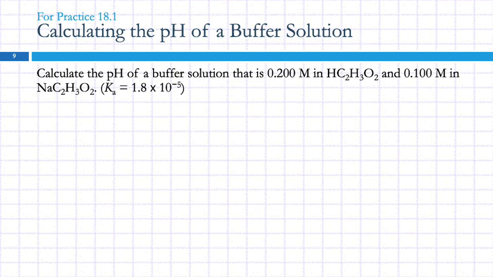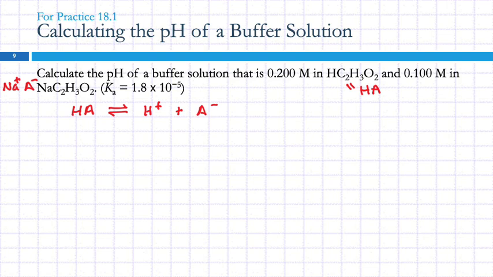I'm going to use A, so this is HA, and this is Na plus with A minus. So we've got our acid, and it's going to release a hydrogen ion and produce the conjugate base. You can use that for any weak acid.